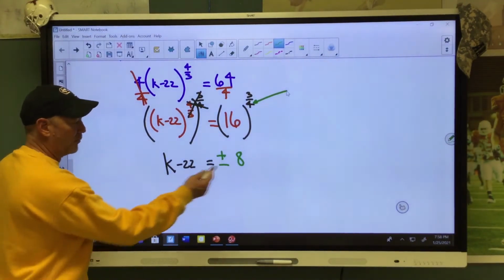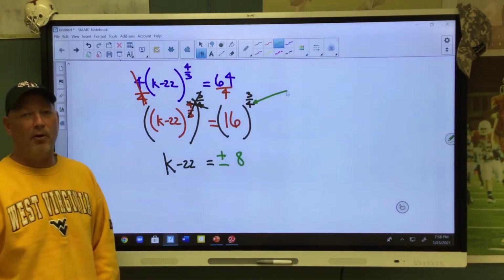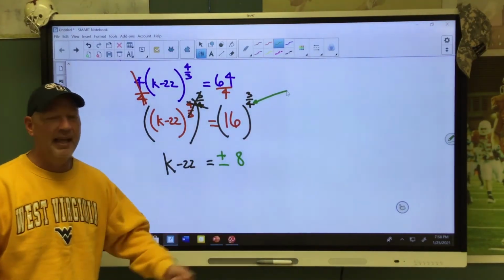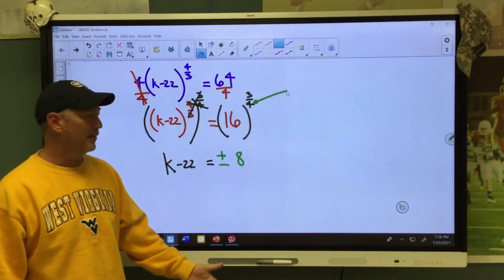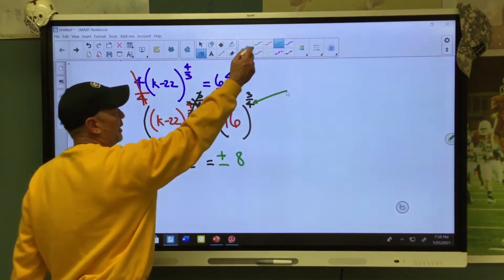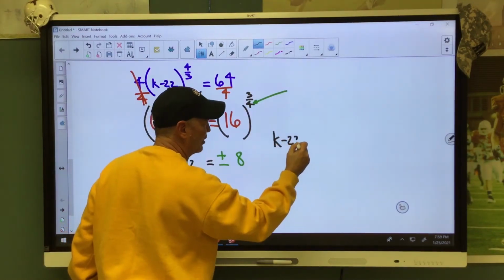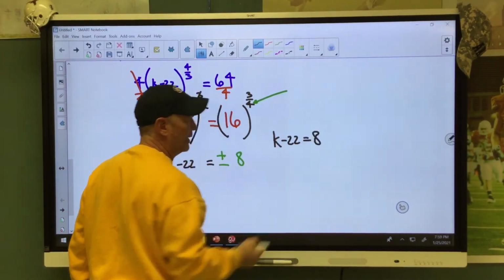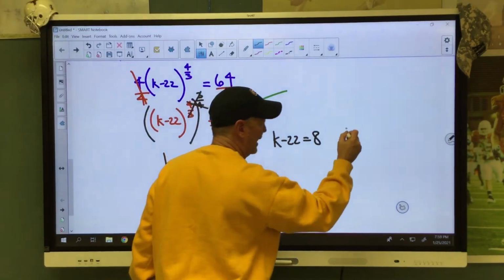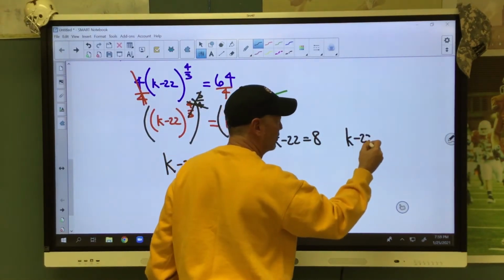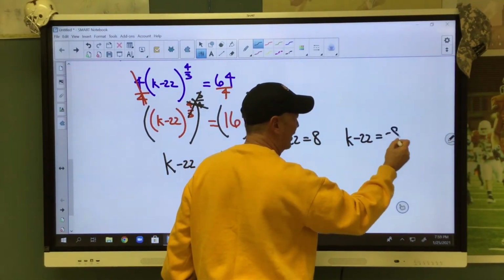All right, so now I have to work this 2 ways. I have to work my problem as a positive 8. I have to work it as a negative 8. So please come over here and say k minus 22 equals a positive 8. K minus 22 equals a negative 8.